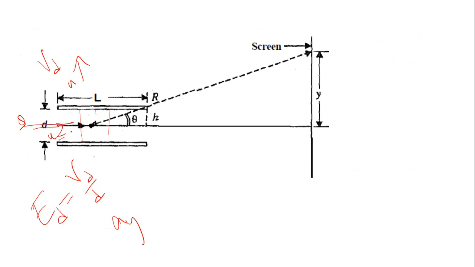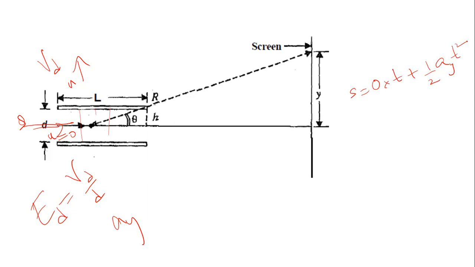U is 0 here, unless it is acted upon by this deflection plate. Initial velocity along the vertical direction is 0. So if you look at this equation, initial velocity is 0 into t plus half at square. A is your acceleration along the y-axis, at square.